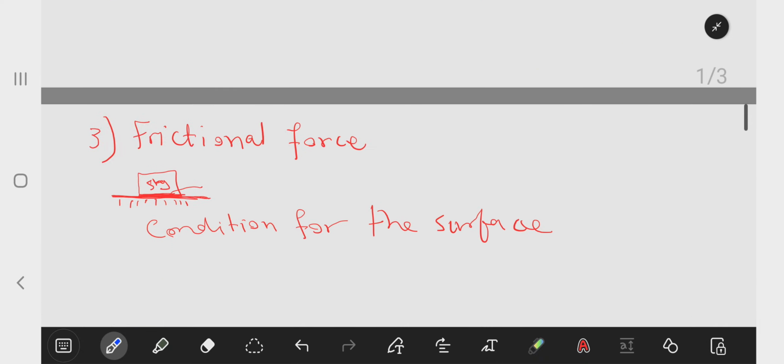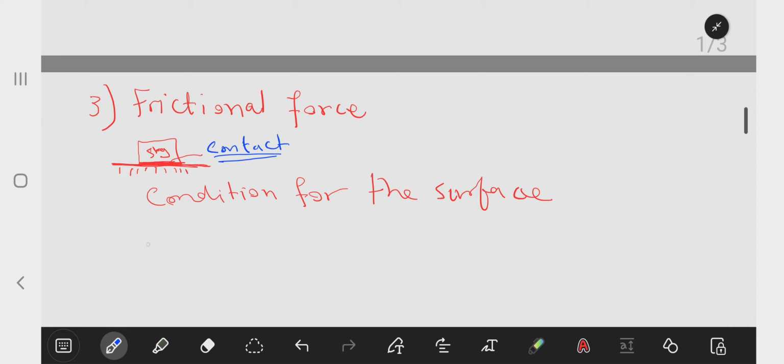And for frictional force, the object must be in contact with the surface, right? So it's the same with frictional force. You need to have a surface. This is how you identify.